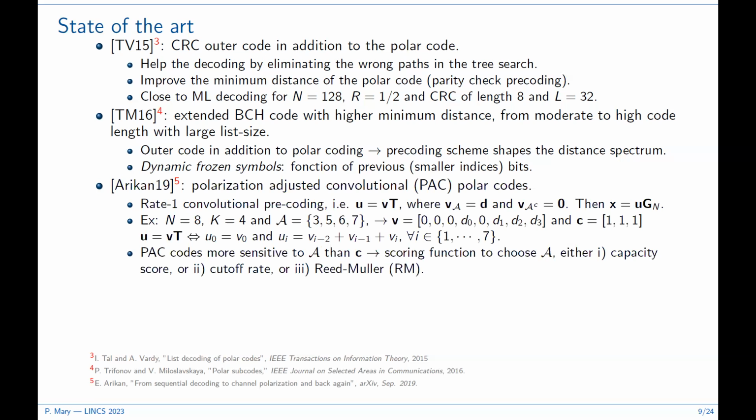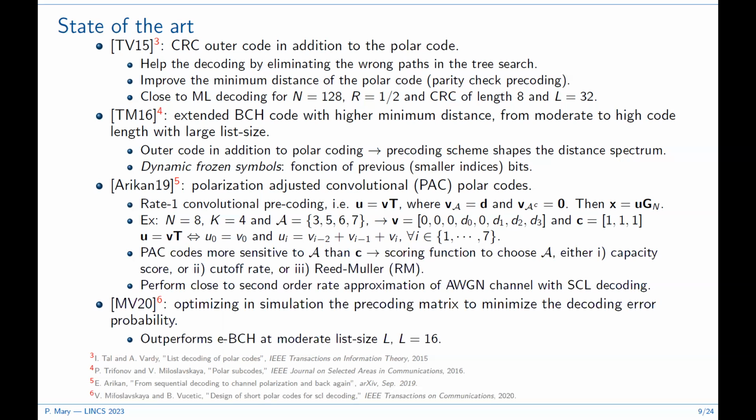And it performs relatively close to the second order rate approximation of Polyanskiy with list decoding. And in 2020, Miloslavskaya and Vucetic also proposed to directly optimize the precoding matrix to minimize the bit error rate, which is the criterion that we want optimized in the end.